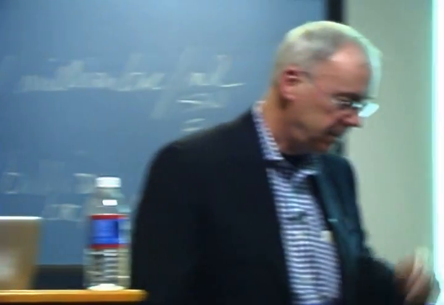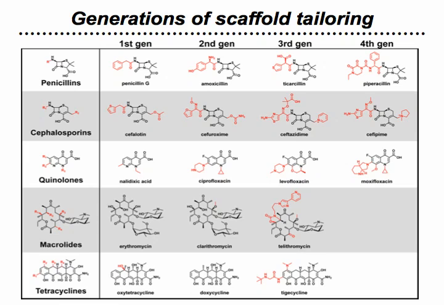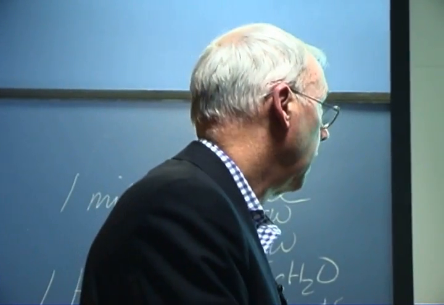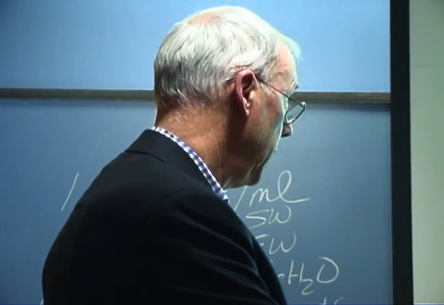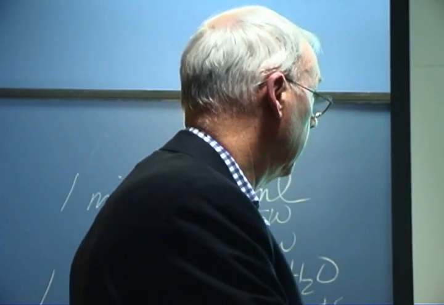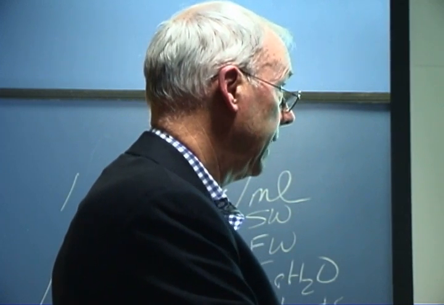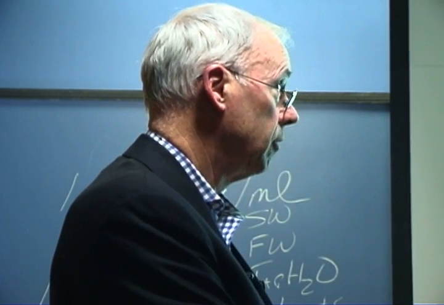So let me start to finish with a few lessons. I would say that here were the first generation molecules, penicillin, cephalosporins, the erythromycin and tetracyclines, natural products from that line of discovery. There's one in the middle, the quinolones, a synthetic, a medicinal chemist molecule. Example of first generation molecules, second generation, third generation, fourth generation.